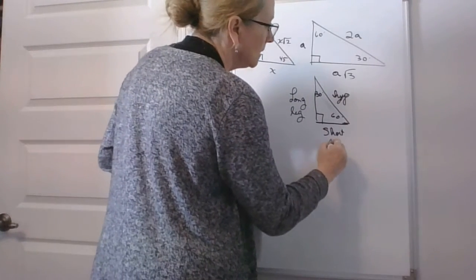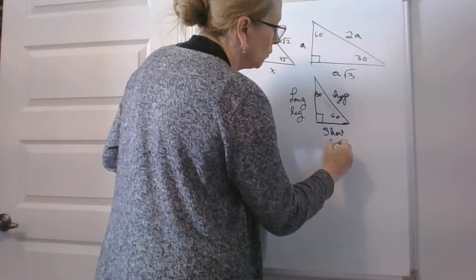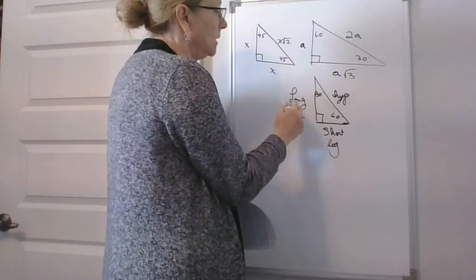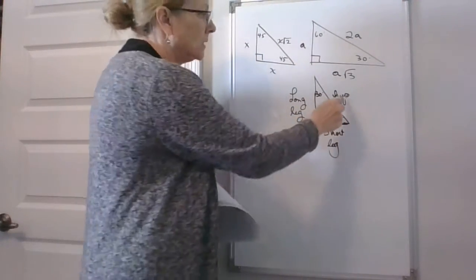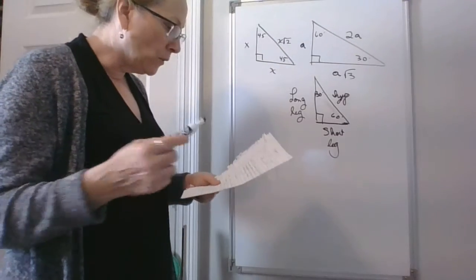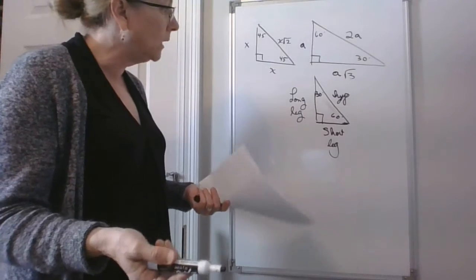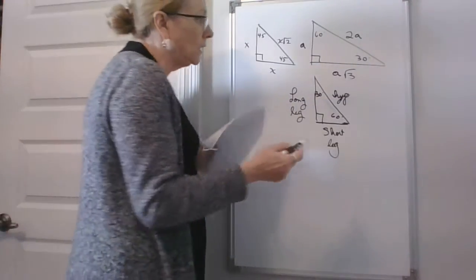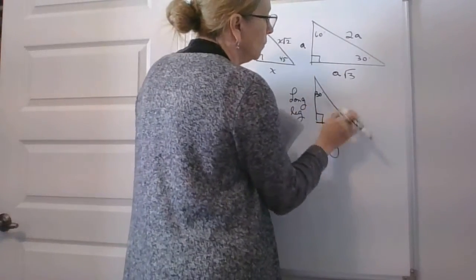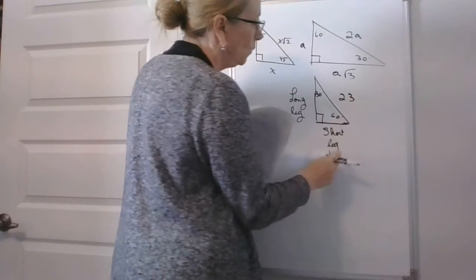So if they say side or leg, make sure that this might be the longest side, but this is the long leg, and that's the hypotenuse. So when they're referring to that, I noticed in the problem that some of you may have been confused about that.